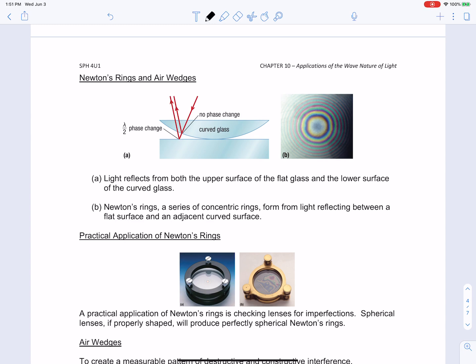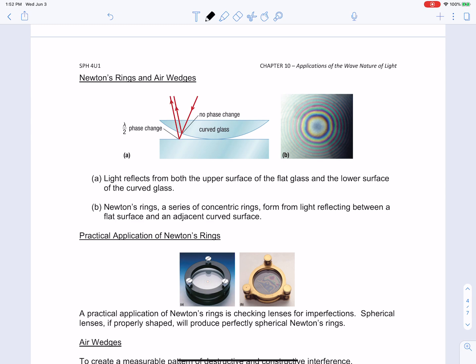Light reflects from both the upper surface of the flat glass and the lower surface of the curved glass. The light reflecting from the flat glass plate changes phase because the air in between the two surfaces has a lower index of refraction than the glass. However, the light reflecting from the lower surface of the curved glass does not change phase.